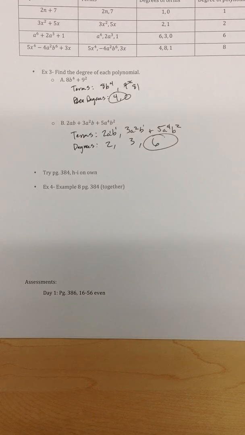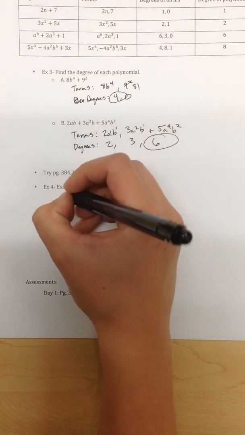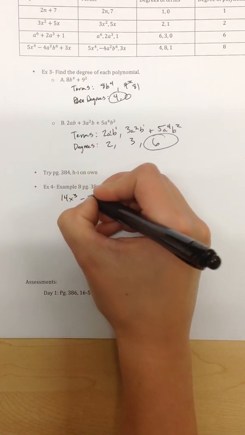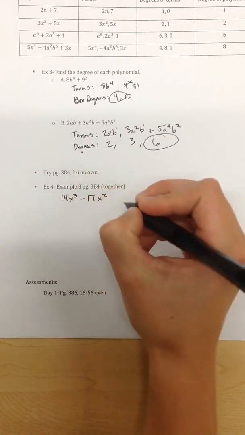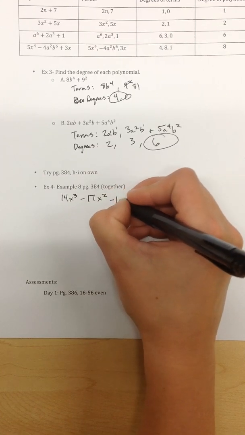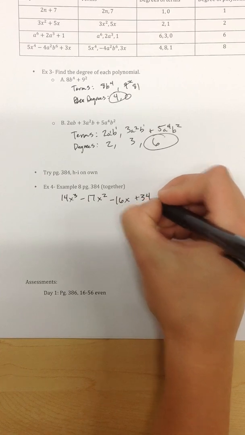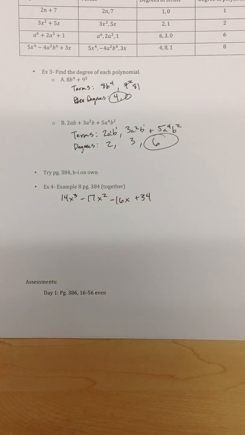Okay, so the first thing we've got there is an expression, which is 14x to the 3rd minus 17x squared minus 16x plus 34. Now what they tell us is that x represents the width of the abdomen in millimeters. And we know we've got an abdomen that's 3 millimeters.